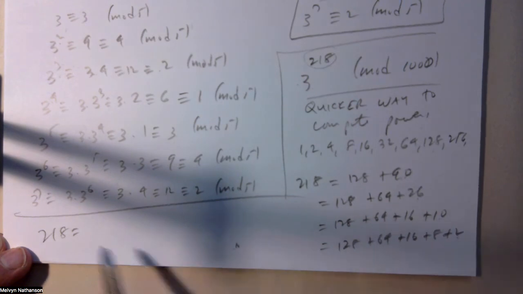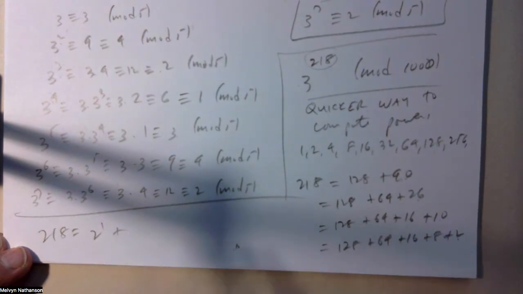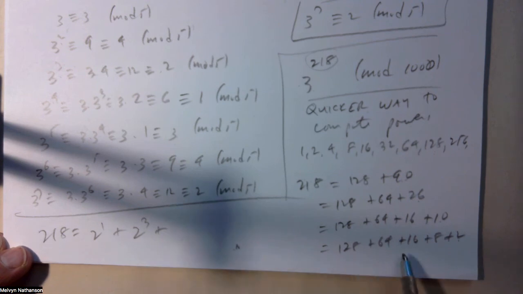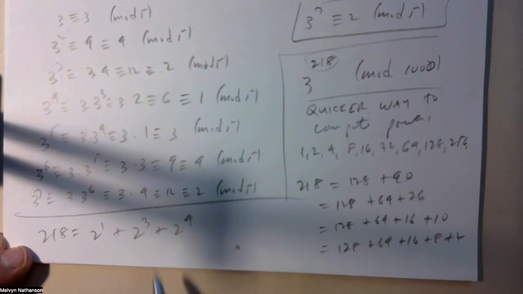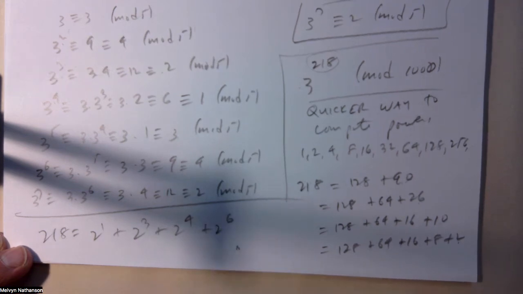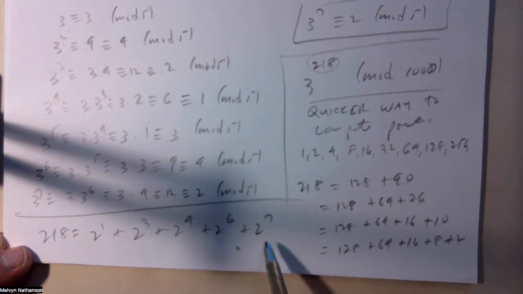2 is 2 to the first power. 8 is 2 cubed. 16 is 2 to the fourth. 64 is 2 to the sixth. And 128 is 2 to the seventh.